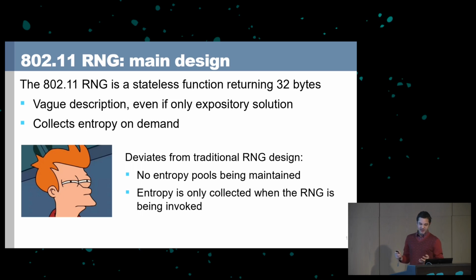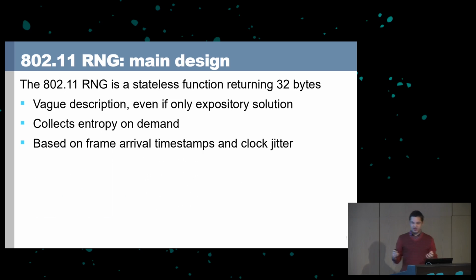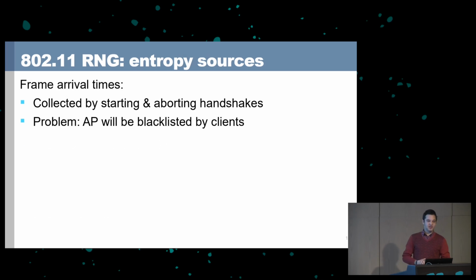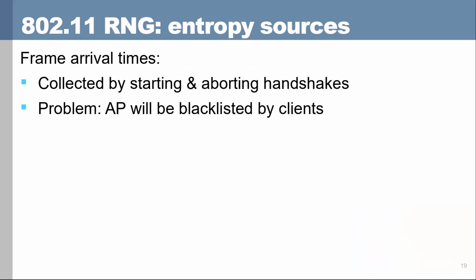If we then look at the actual events it extracts randomness from, we can see that it is mainly based on the timestamps of frame arrivals and on clock jitter. So let's look at these two sources in detail. We have our frame arrival times. If your router is connected to an Ethernet cable and there is a sufficient amount of traffic, then you could simply collect this based on Ethernet traffic.